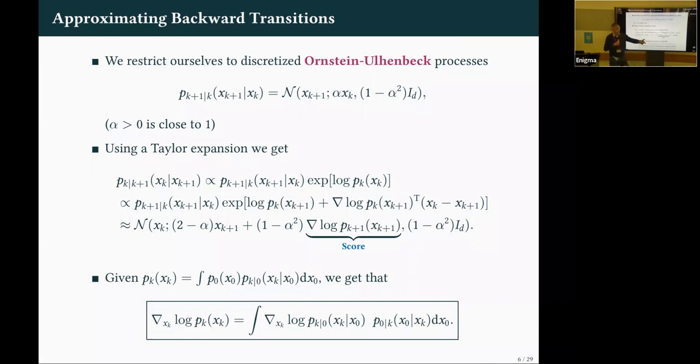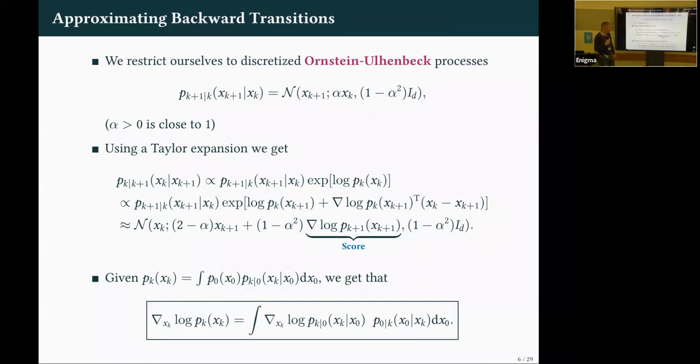Because I have a very simple forward dynamic, I can write explicitly this transition kernel. It's a Gaussian of argument x_k, with mean beta x_0, plus some variance term. So we know this expression, and now you differentiate on both terms. You take the gradient of the log, and you get this expression here.